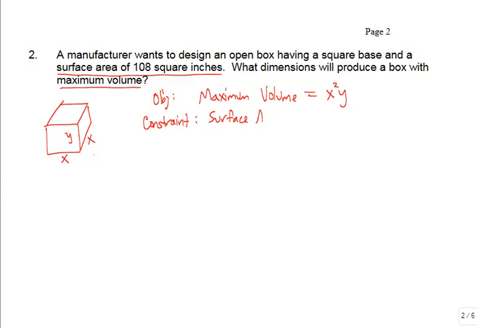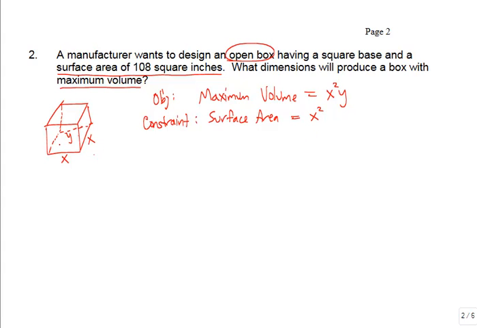Well, surface area is just the area of all your faces. Now think about the bottom here. The bottom, which you can't really see very well, is a square base. So its area would be x times x, or x squared. We don't have a face on the top because remember this was an open box. So there's no top, but there is a bottom, and its area would be x squared.